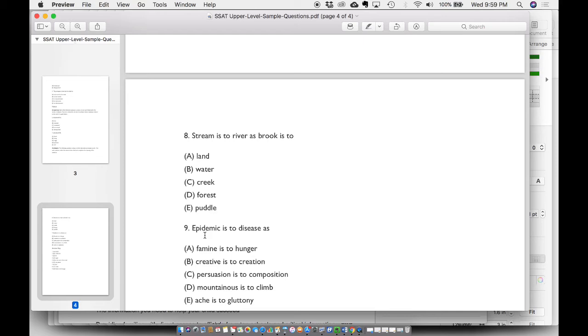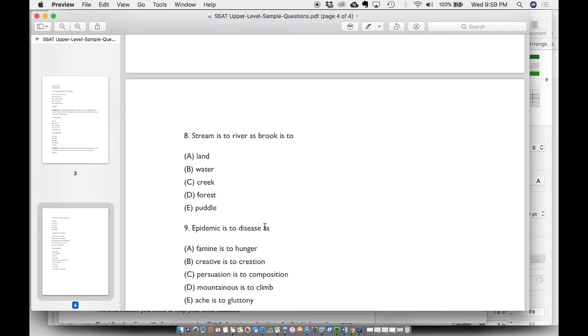So let's see if now we can take that relationship, that sentence, and take the words epidemic and disease out of it and see if we can say blank is a widespread blank. So I said epidemic is a widespread disease, or epidemic is disease that is widespread, okay?